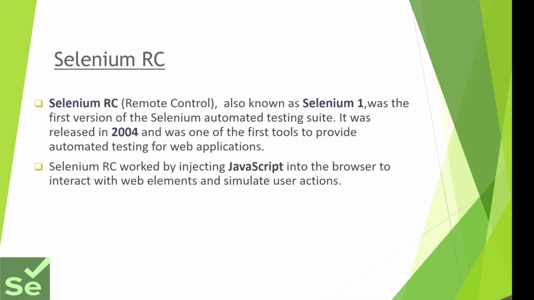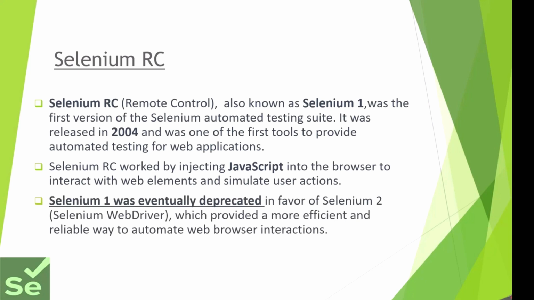And how did Selenium RC work? It worked by injecting JavaScript into the browser to interact with the web element and simulate the user actions. So Selenium RC is no longer in use. It was deprecated when Selenium 2 was launched. Selenium 2 was also known as WebDriver.